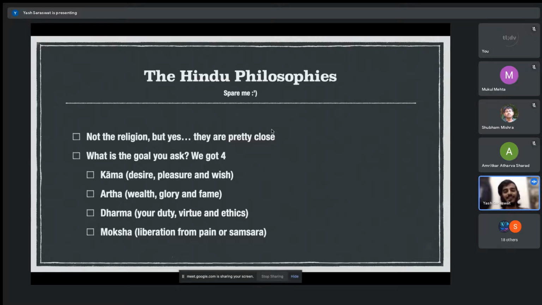So I'm not really that interested in it. But moksha is basically liberation from pain or samsara. Samsara is this universe where we're all put into, and it's just suffering, is what it says. So these are the Hindu philosophies, and the pillars behind it are: do good, be nice, be welcoming, and all of the philosophies that we have been following from our childhood.